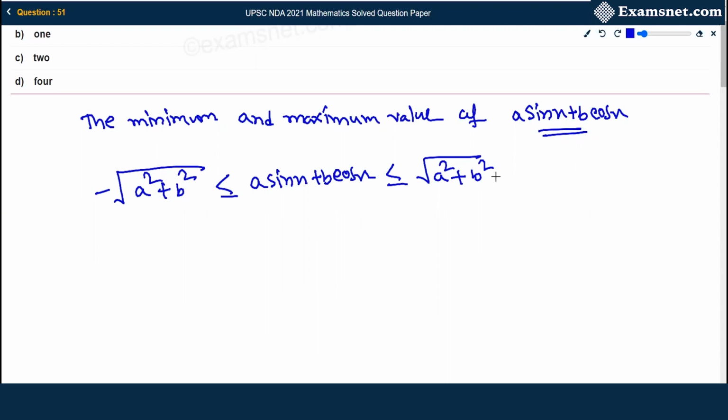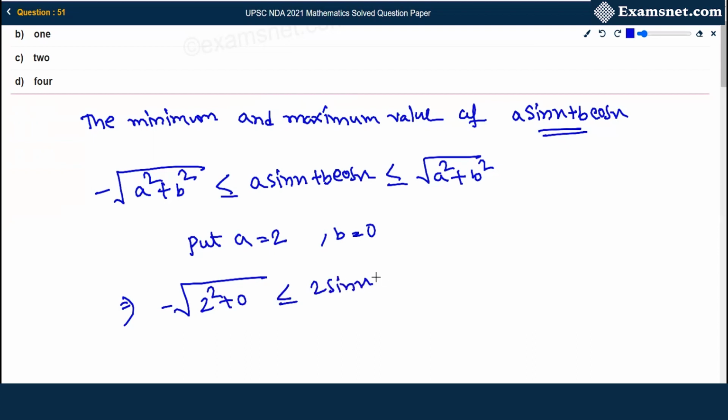particular one. Let's put A equals 2 and B equals 0 in the above expression. So we will get minus root under 2 square plus 0 less than or equal to 2 sin x plus 0 cos x less than or equal to root under 2 square plus 0 square, right?